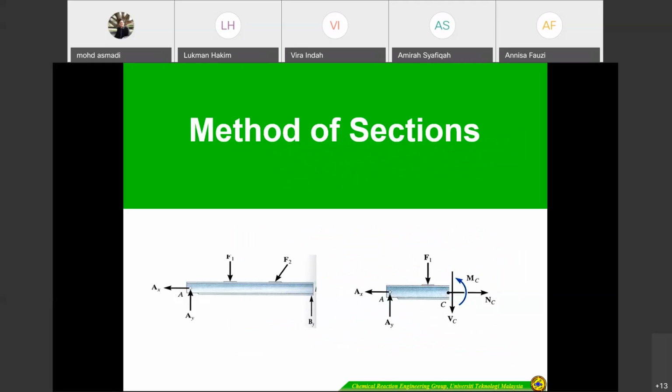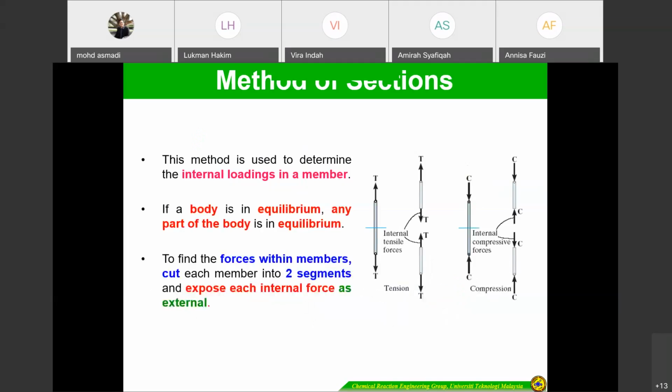What you have to do is cut. For example, if you have a beam and you want to determine the force at certain parts, you have to cut that beam. This method is used to determine the internal loading in a member.